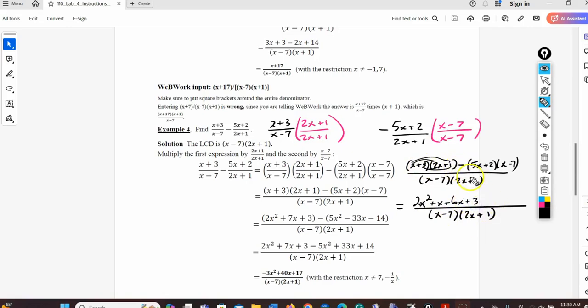I might leave the minus sign outside and then put that in parentheses. 5x times x is 5x squared. 5x times negative 7 is minus 35. Plus 2x minus 14. Okay, now let me clean this up a bit.